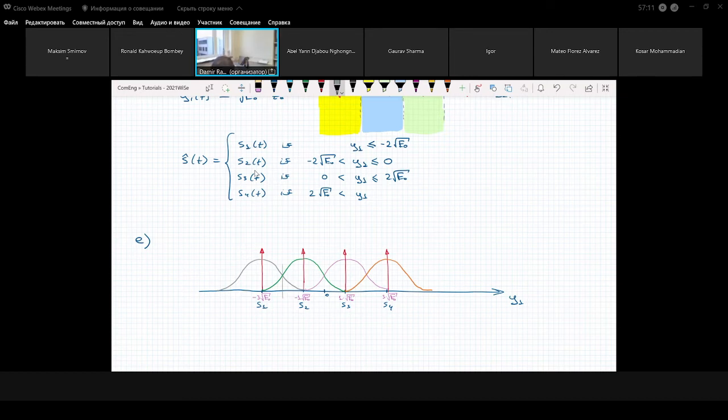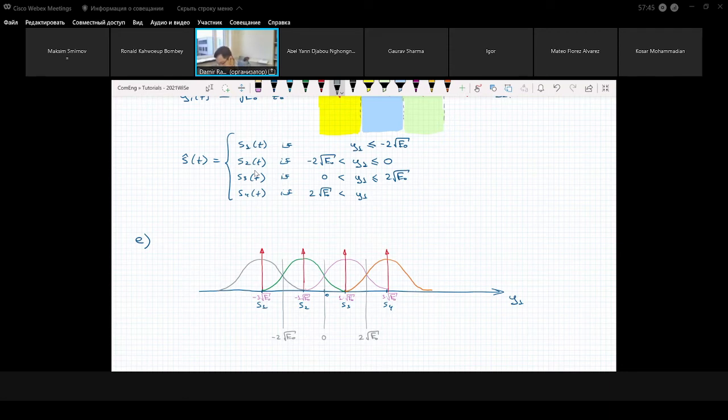And also specify thresholds. I just want to remind you that the first threshold is at position -2 square root of E0, the second threshold at 0, and the third threshold is at 2 times square root of E0.